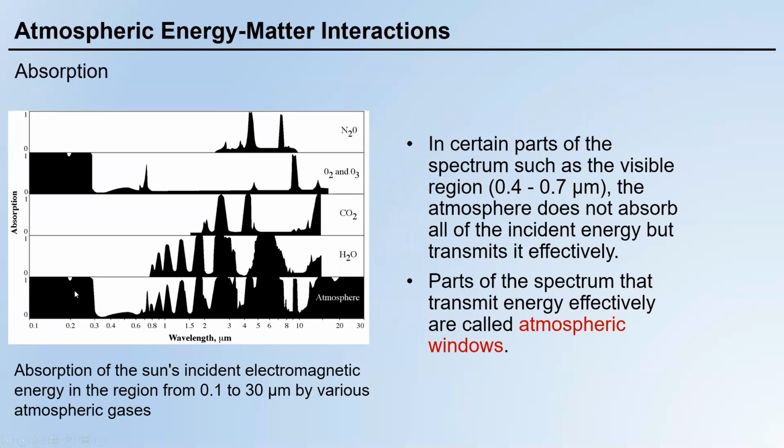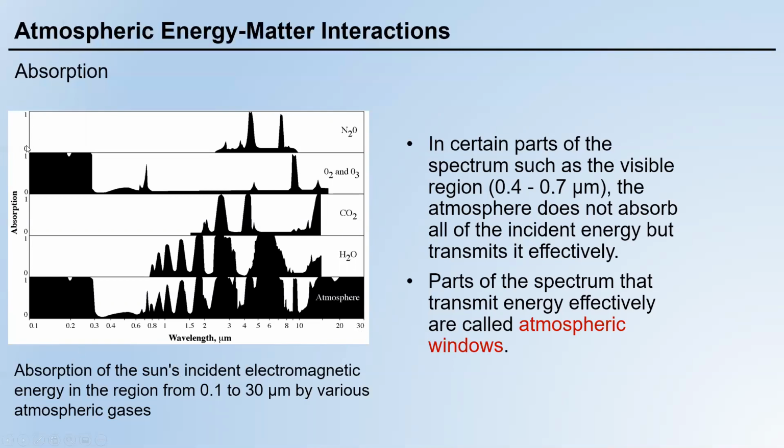And here is a figure to show you that. You can see here we have a huge figure showing different absorption windows for different gases. Okay, so we have N2O, we have oxygen and O3, ozone, right? We have carbon dioxide, CO2, we have H2O, which is water, right? So the horizontal axis here is wavelengths from 0.1 micrometer to 30 micrometers.